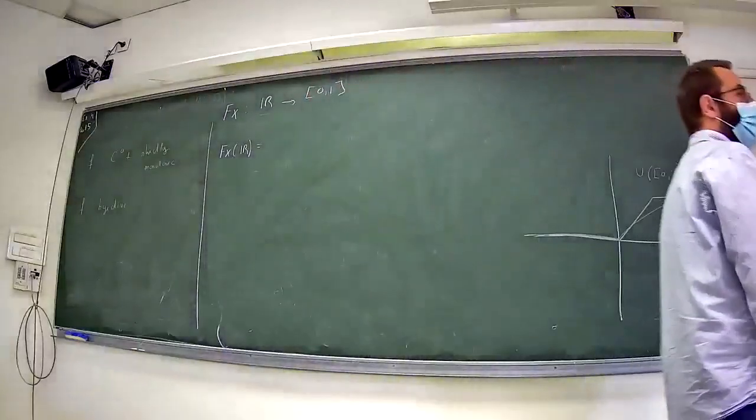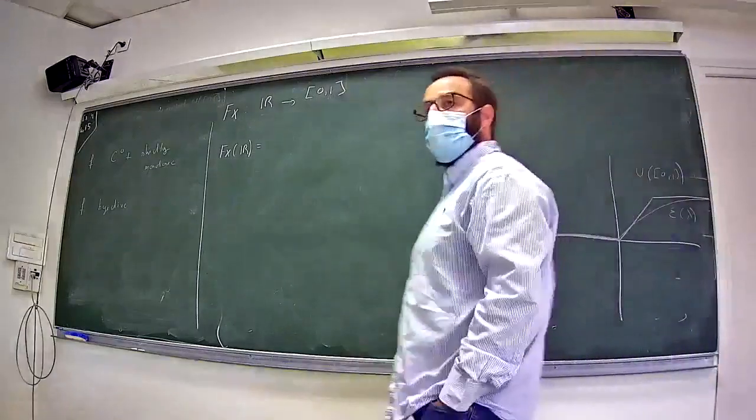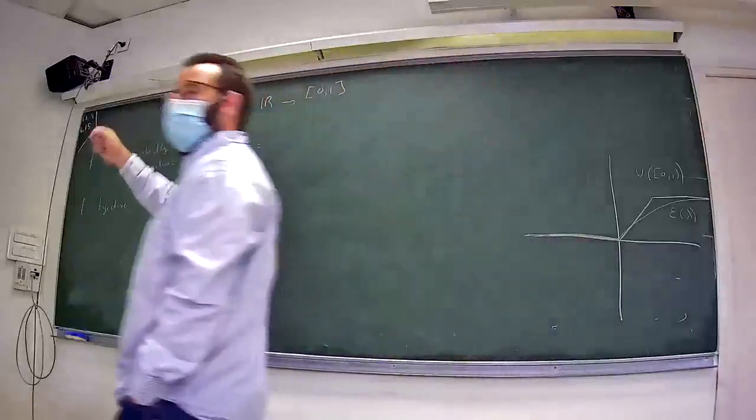And I am strictly increasing, so it means that I never take the value 0 or 1. If I take the value 0 once, it means that before I am 0. If I take the value 1, it means that after I am 1. And it's not what I want because I am strictly increasing. So I never take the values 0 and 1. They are limits, real limits, okay?